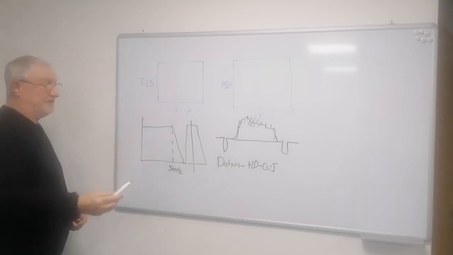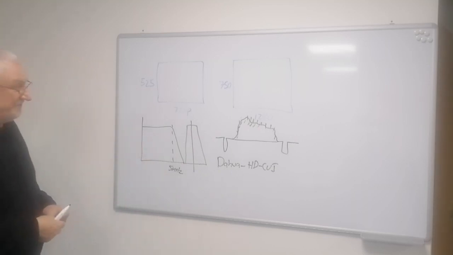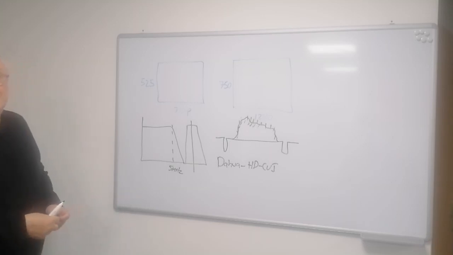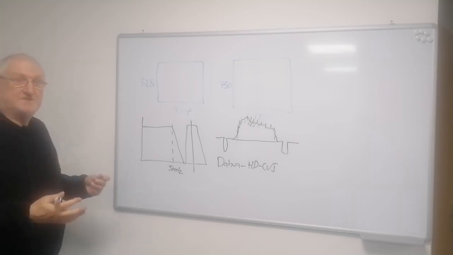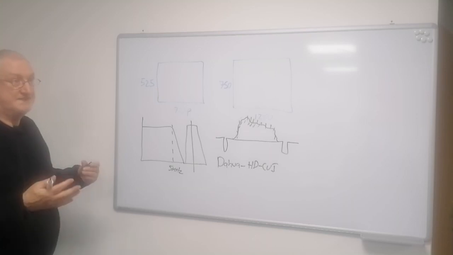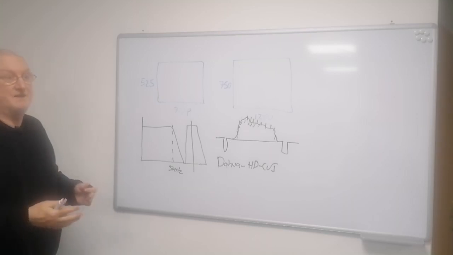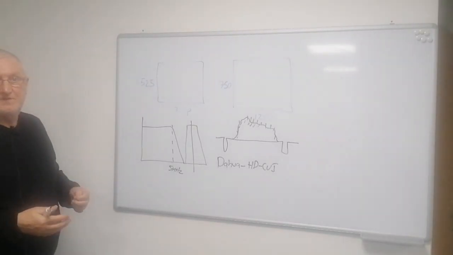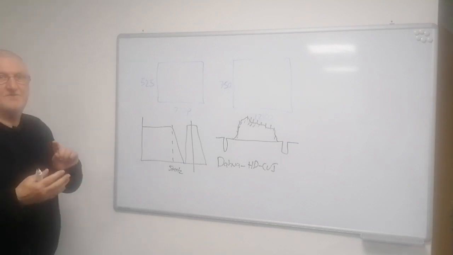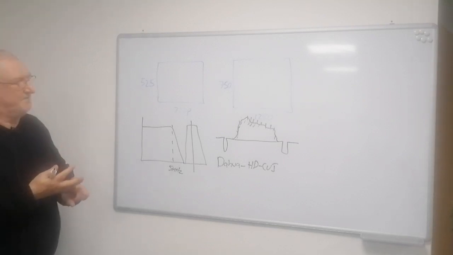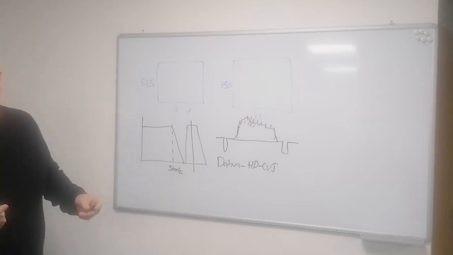So HD-CVI, which was the first format to be introduced, is a method of transmitting high definition video that is exactly the same as NTSC, just with different numbers, different subcarrier, different horizontal frequency, different vertical frequency. So then we get the derivatives.